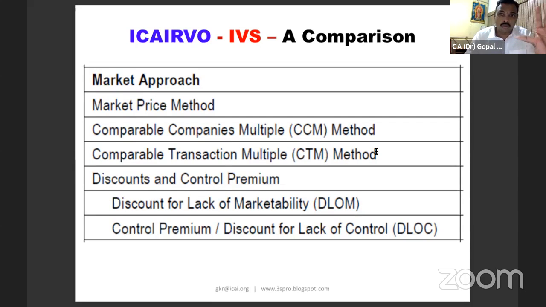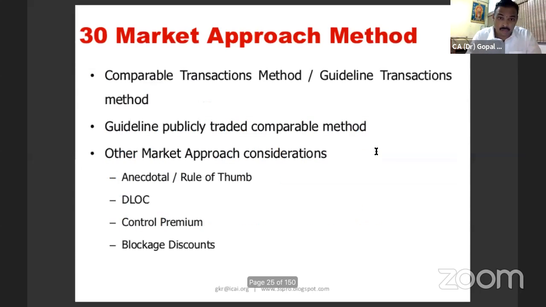So you can go through that. Being an IVS, I can only give you the reference here. I don't want to go much deeper into it. But in IVS, there is one additional method, which is called the anecdotal or rule of thumb method.